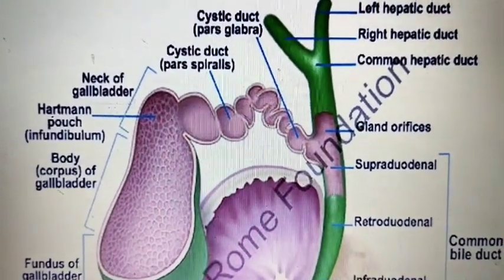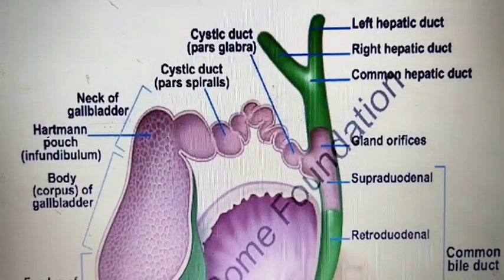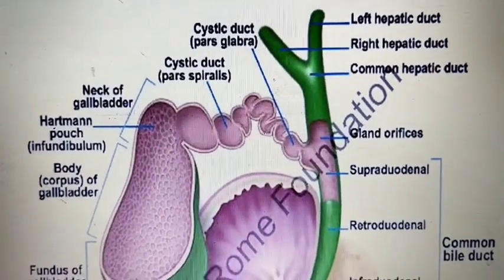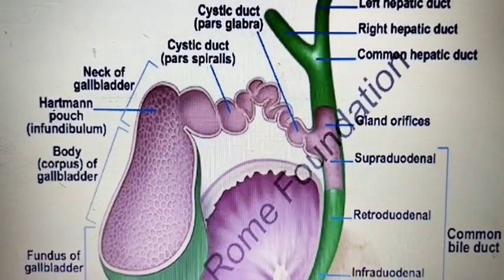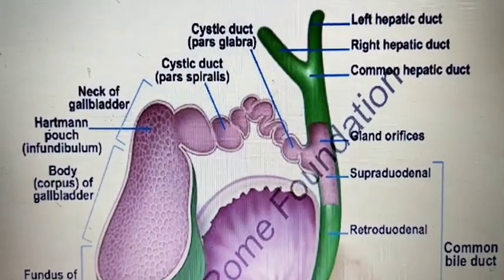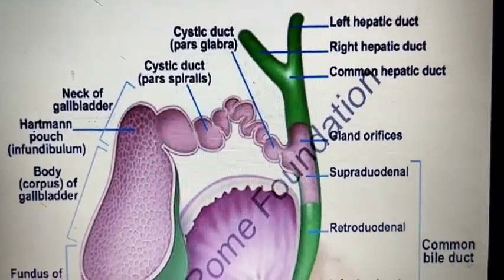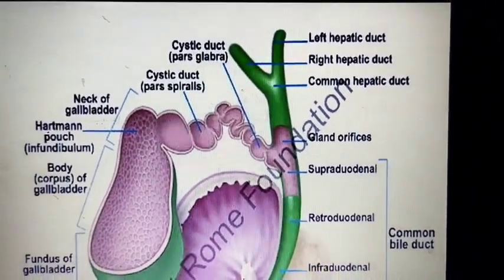One is towards the proximal end of the cystic duct, which has spiral folds of the mucosa, the crescentic mucosal folds, called the pars spiralis. And distally there are fewer folds, called the pars glabra.